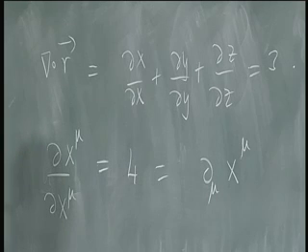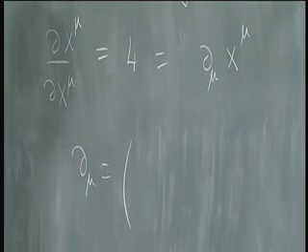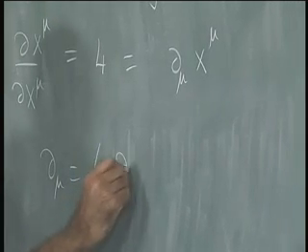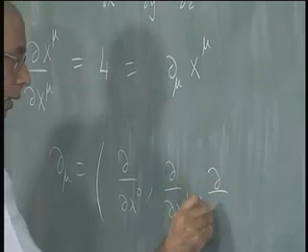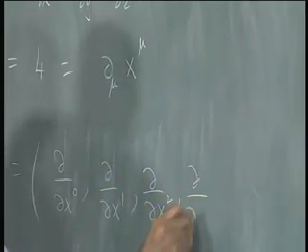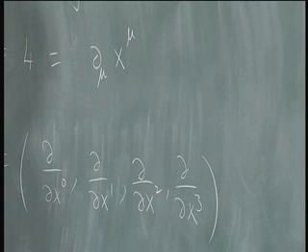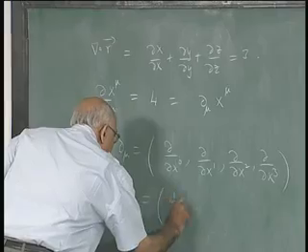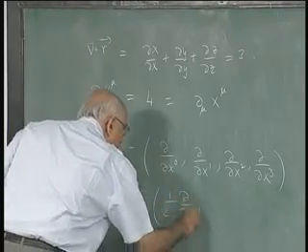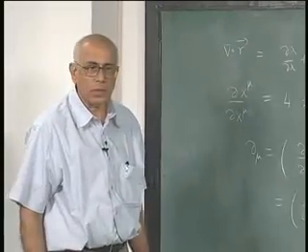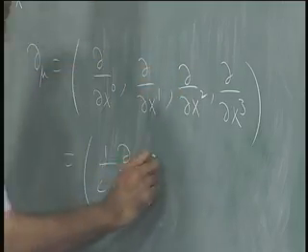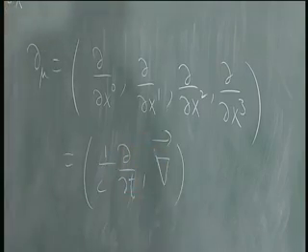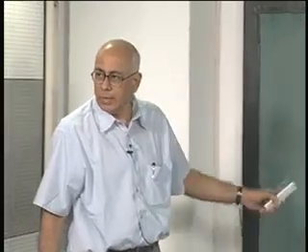This is consistent provided ∂_μ stands for a set of 4 derivatives, which are ∂/∂x^0, ∂/∂x^1, ∂/∂x^2, ∂/∂x^3. That is the same as saying this is (1/c)∂/∂t, because x^0 is ct and c is constant, and the components with respect to x, y and z you differentiate, those 3 can be combined into a ∇. So that is very straightforward.